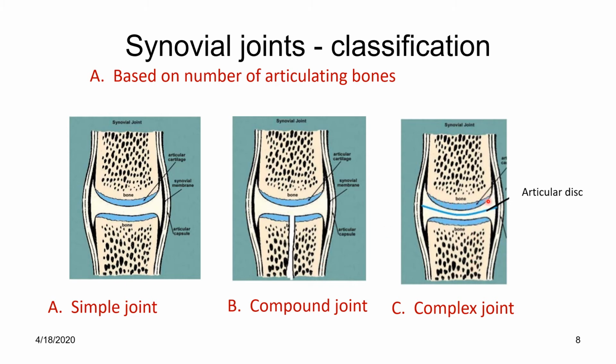Two bones you are seeing them articulating, but the joint cavity is divided into two compartments, an upper compartment and a lower compartment by an articular disc. This is a complex joint. Hope now you have understood what is a simple joint, what is a compound joint and what is a complex joint.